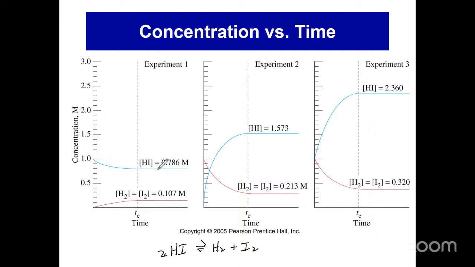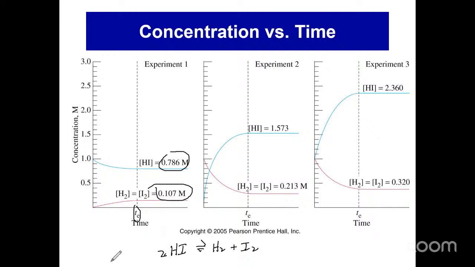At the same time, the concentration of H2 and I2, represented by this line here, will start increasing until they get to a constant value as well. After this time, the system will be in equilibrium. These are the equilibrium concentrations of HI, I2 and H2. So that's what happens in experiment 1.